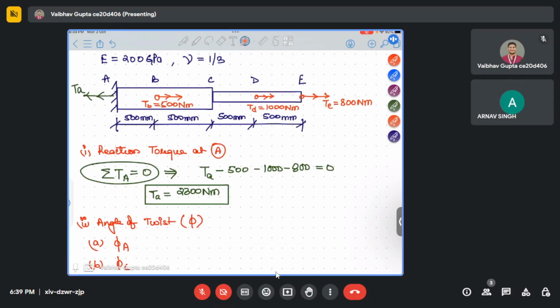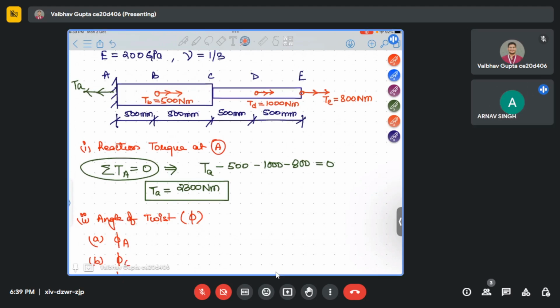When we calculated for the C part, we calculated phi AB and phi BC. Now for phi D, it will be phi AB plus phi BC plus phi CD.